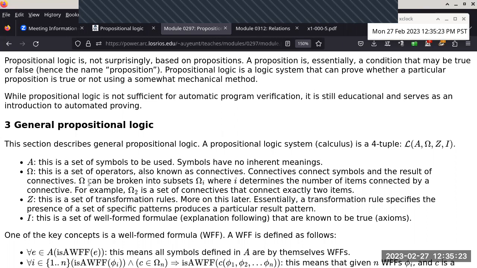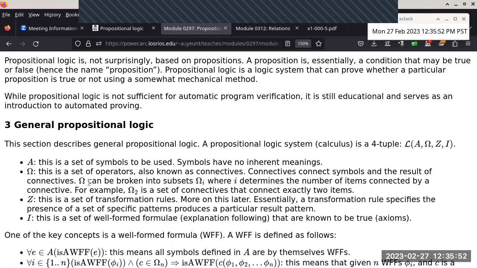You can look at that as rules to manufacture stuff. If you see something of this pattern and you see something like this pattern here, a transformation rule will say, let's make that new thing over there based on the structure of these two things that I have selected. That's the best I can do right now. Once we get to the examples, it will become more clear what zeta is going to contain.